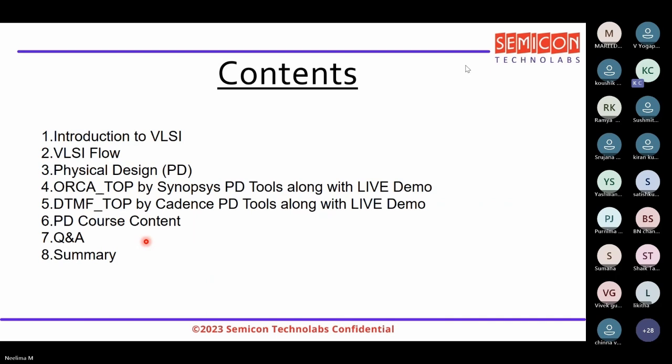And similarly, another one is DTMF top. This is again another industry standard demo project given by the Cadence EDA vendor. Here also we'll have a live demo.